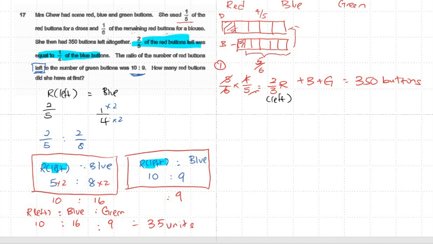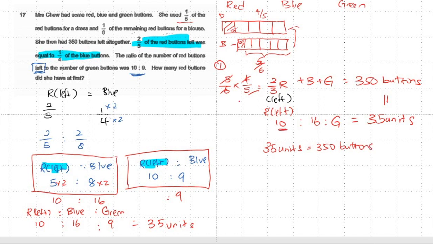And in my first sentence, I know that my red button, blue button and green button add up to a total of 350 buttons. So I know that 35 units is actually equal to 350 buttons. Okay, if 35 units is equal to 350 buttons, am I right?